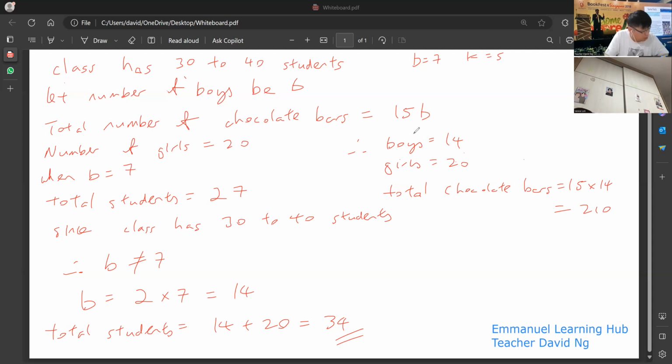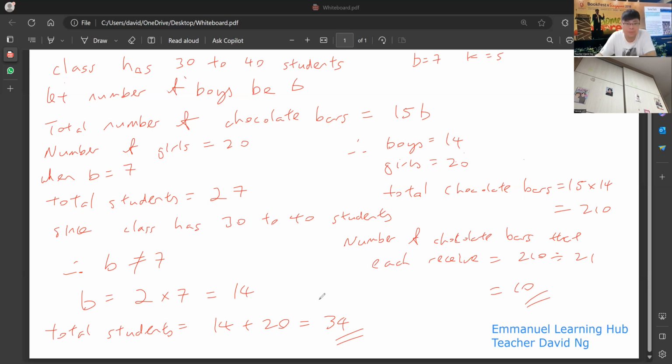Then 210 divided by 21, the number of chocolate bars that each person receives. 210 divided by 21 is 10. The teacher received 10 chocolate bars. This part is clear already.